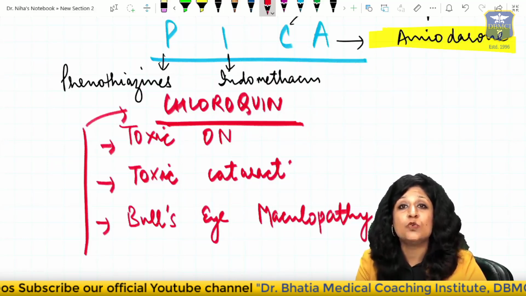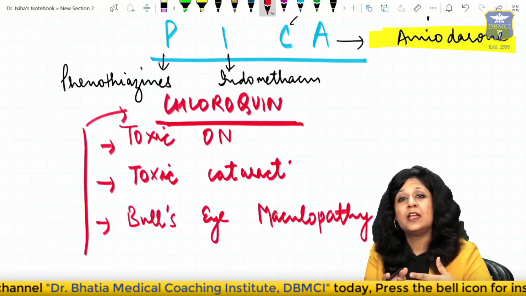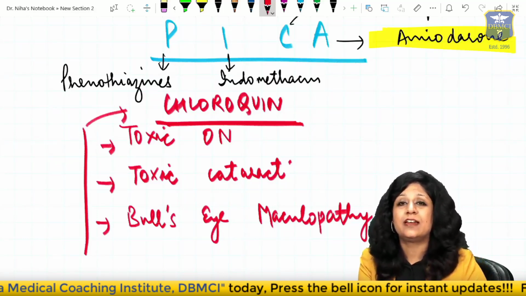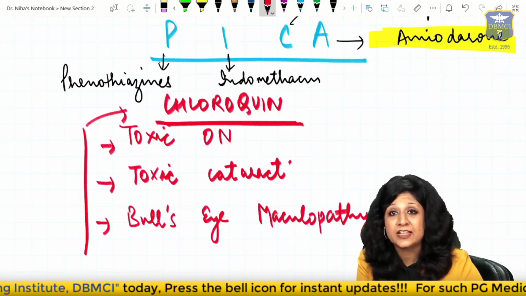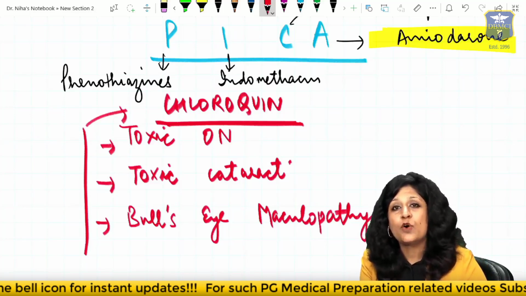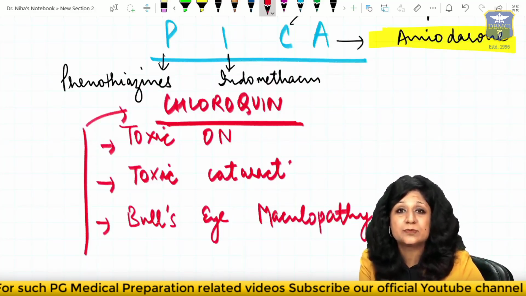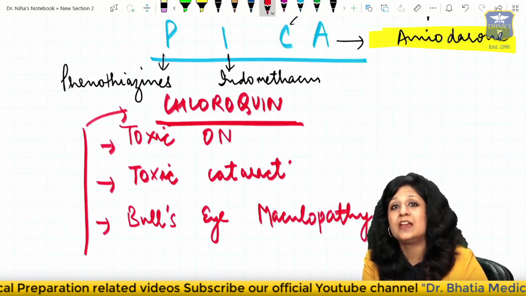Not only do you have to see that both assertions are correct individually, you also have to analyze whether these are the correct explanations. So for that you need to understand why it is being used and why it is causing this adverse reaction.